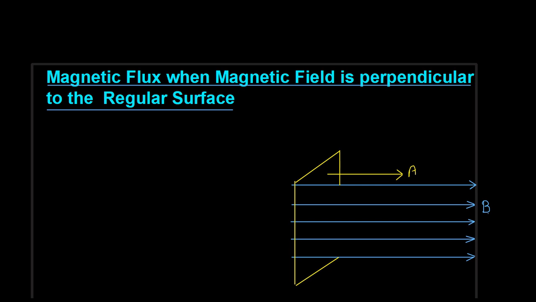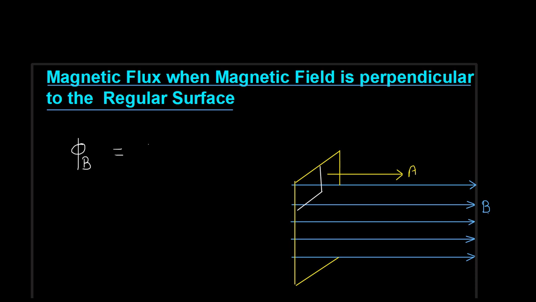Magnetic field B is the total normal magnetic field lines crossing through unit area of the surface. But magnetic flux phi B is equal to the total normal magnetic field lines passing through the entire area.